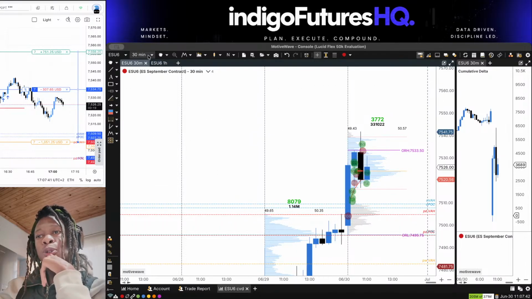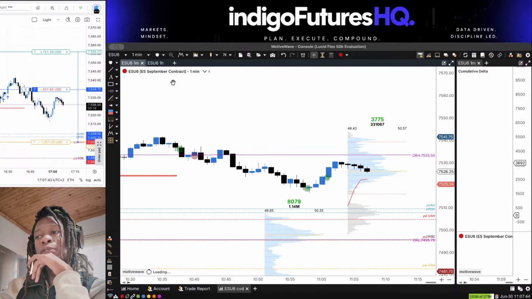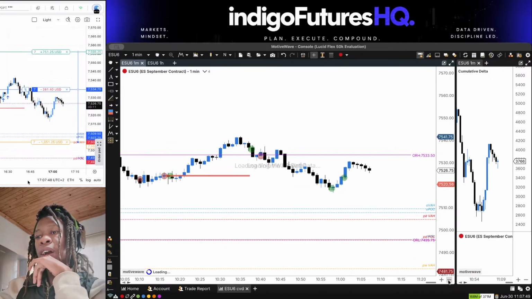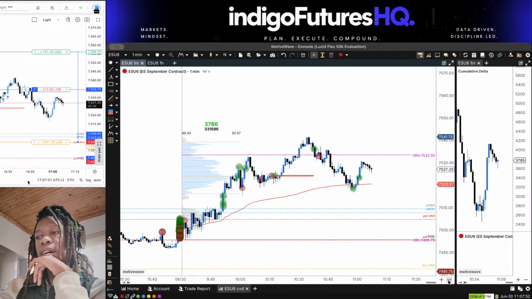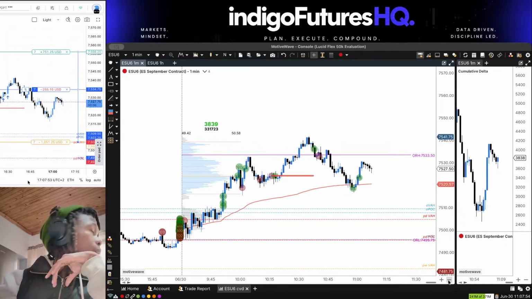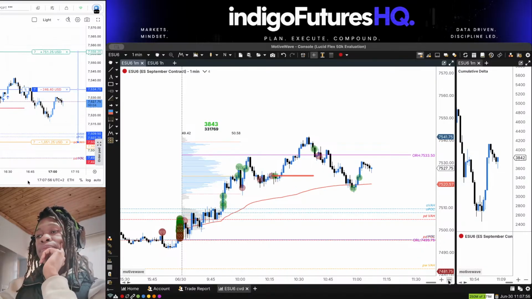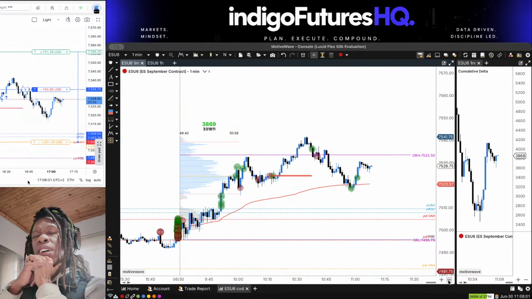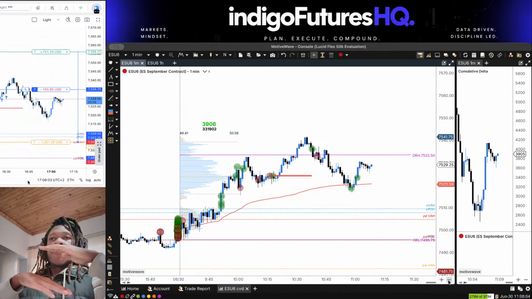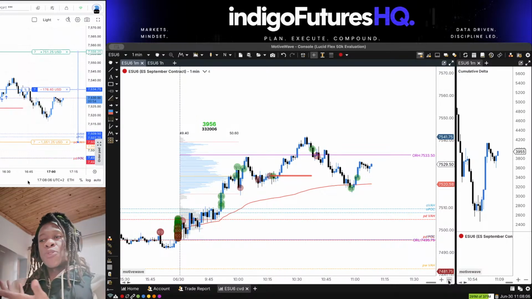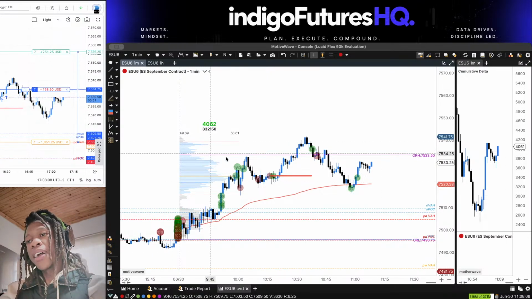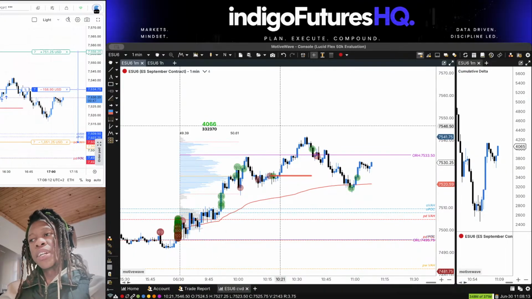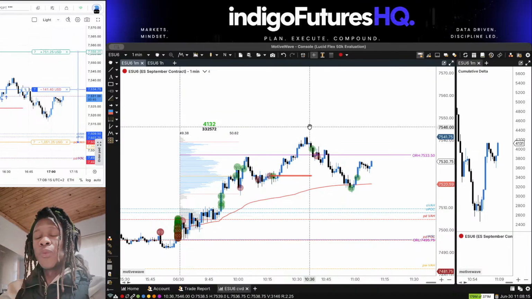I did a little model where I was testing how often we get a break once our value area high has gone above IB, and that happens somewhat, not all the time. It was more like 50 something percent. If the value area high goes above the initial balance, like we have here, we get a break and a continuation of the move after initial balance has been set.